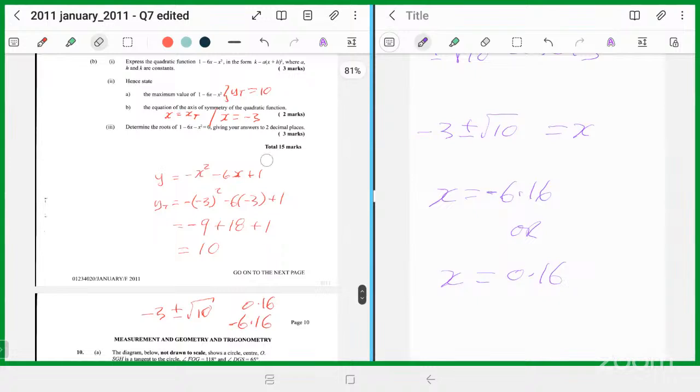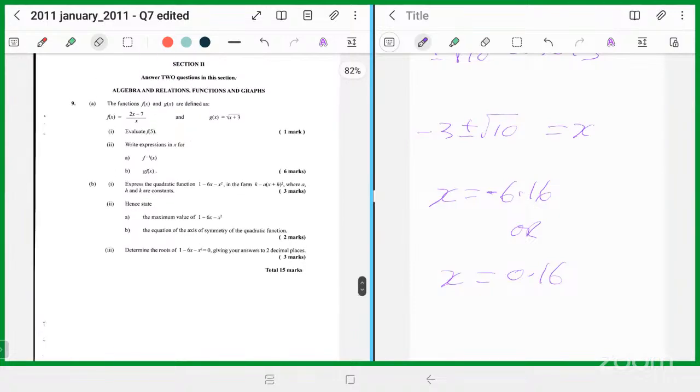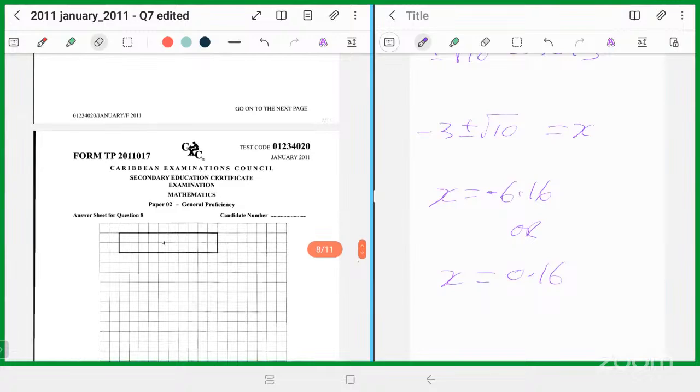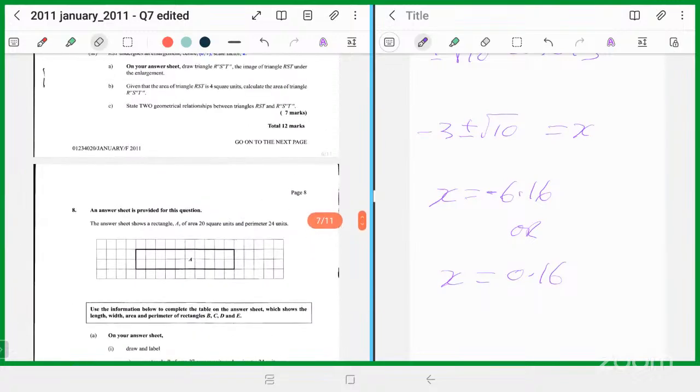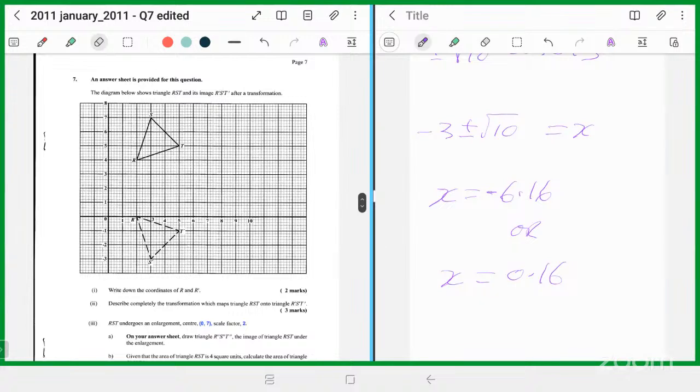I want us to do a transformation question before we leave. I gave you number 7 to do, right? All right, number 7. No one go home.